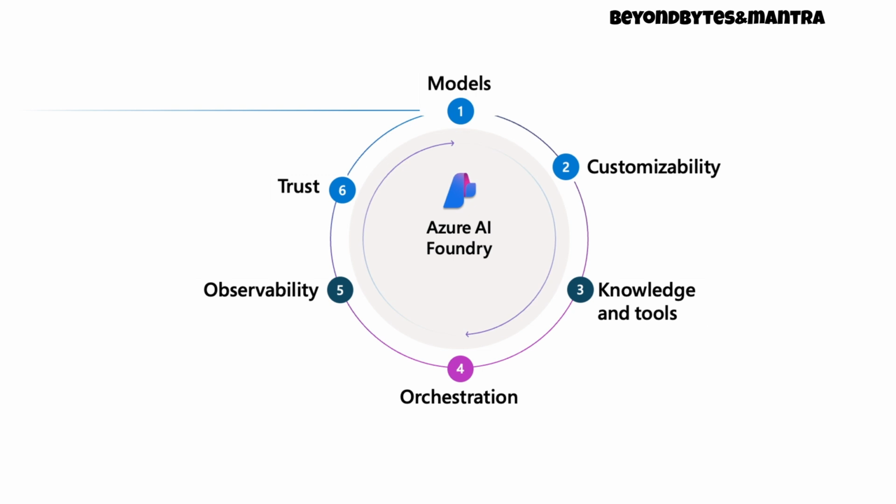Knowledge and tools can be, let's say, in Azure itself, OpenAI connecting with your blob and Cosmos data or maybe the SQL server to get the reference, and tools like its integration with Teams, Slack, and others. Orchestration is how you can run and manage these agents. Observability is how you are able to track how these agents are performing: how many tokens they are using, when they were run, how they failed.